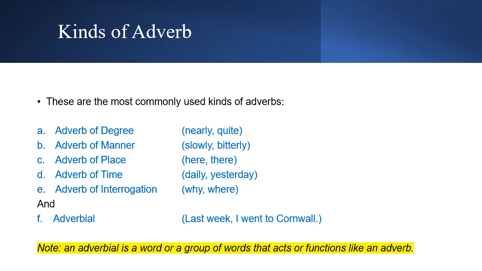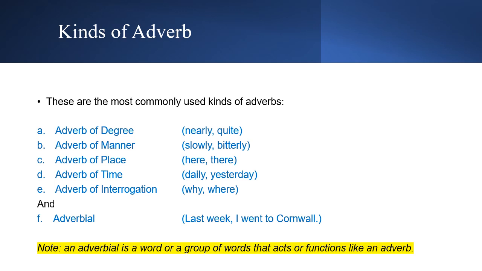Adverb of manner: slowly, bitterly. Manner means method. For example, he is writing. Do you know how he's writing? He's writing slowly. He spoke bitterly. Adverb of place tells us about the place: here, there. Come here.